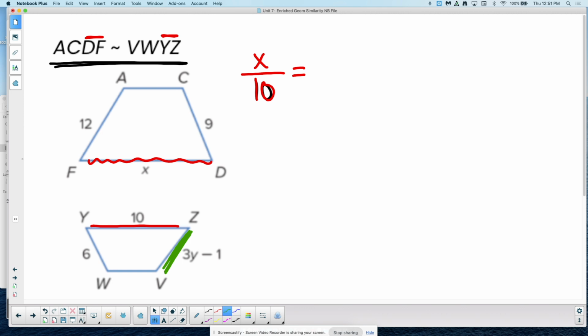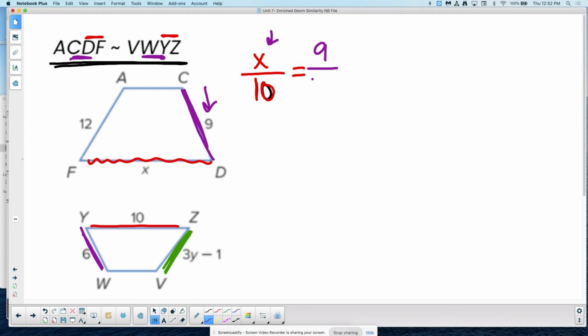So we want to use what 6 is similar to, or what that matches. So YW matches CD. And now the tricky part is, folks, you have to go in the same order. So since I put X on top, I have to make sure I put 9 on top. I have to keep my order the same.